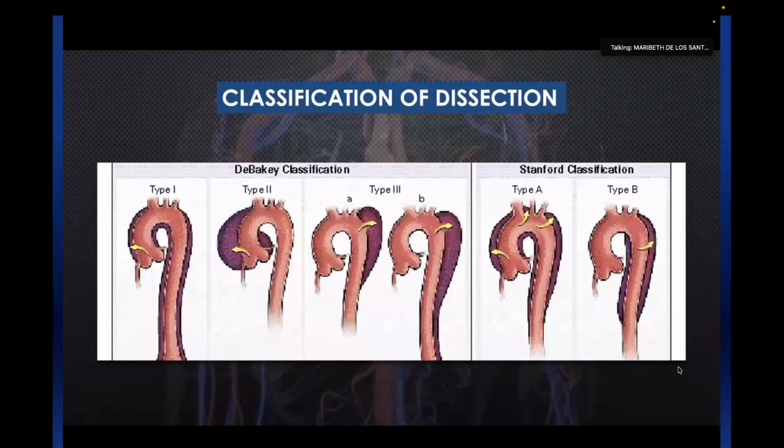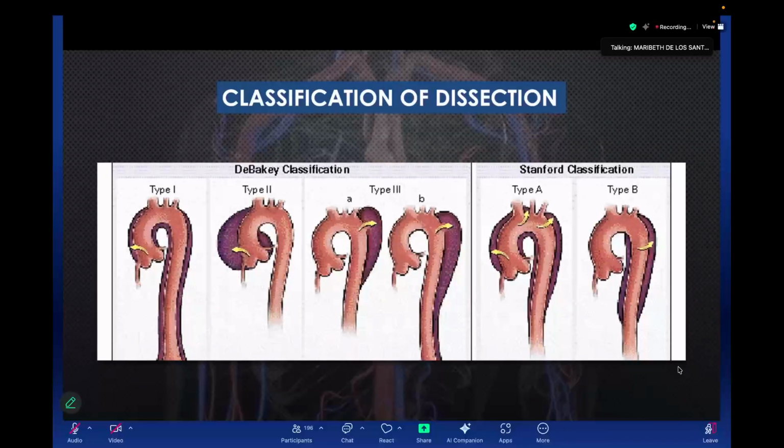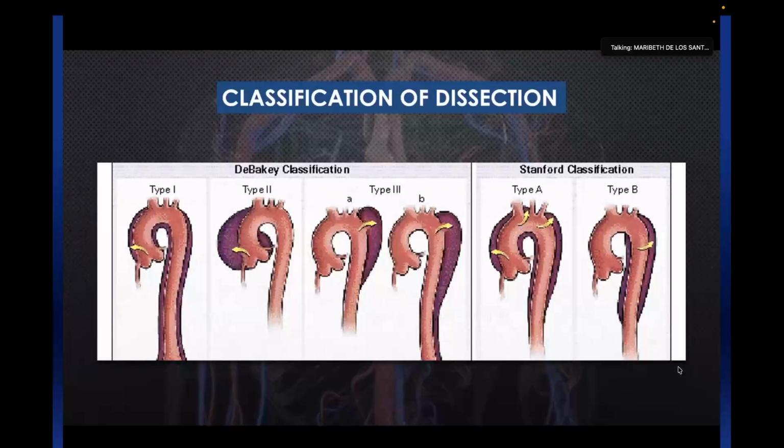In type 2, this is confined to the ascending aorta. It's classically in elderly patients with atherosclerotic disease and hypertension. Now, type 3 originates distal to the subclavian artery in the descending aorta. It is further subdivided into 3A, which extends distally to the diaphragm, and 3B, which extends beyond the diaphragm into the abdominal aorta.